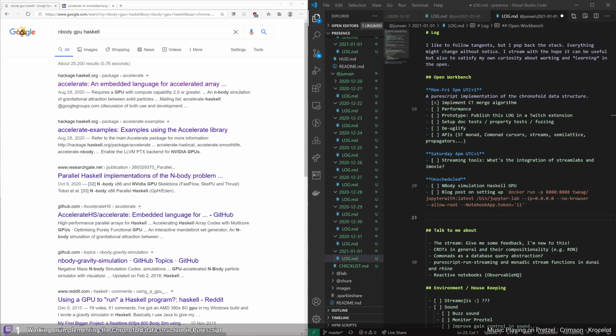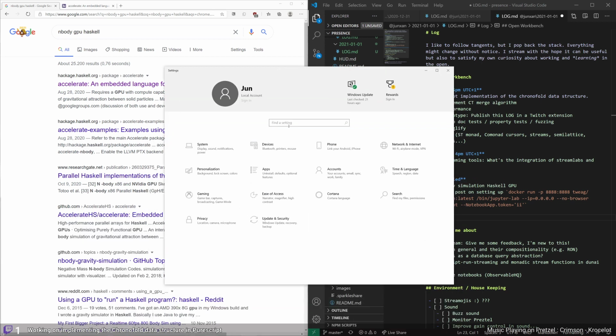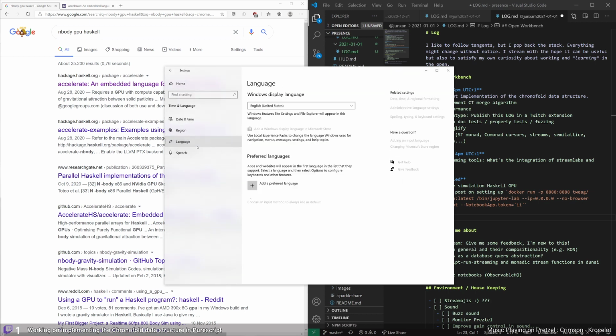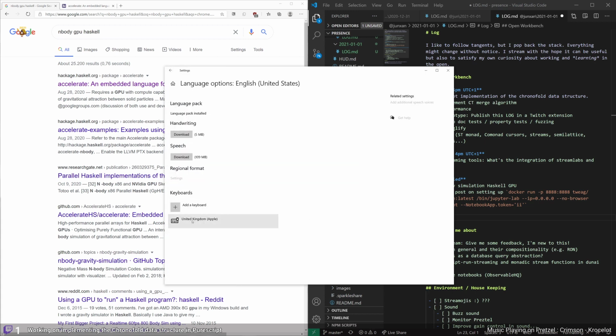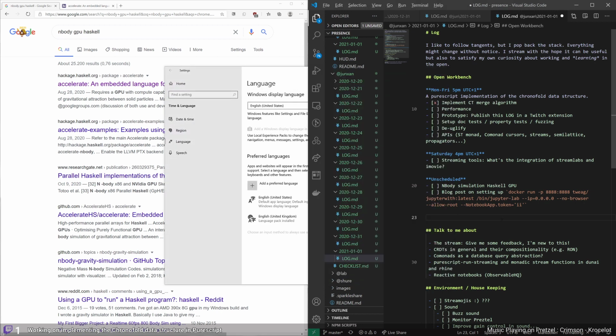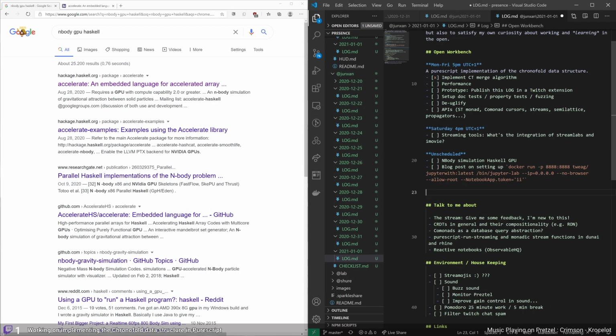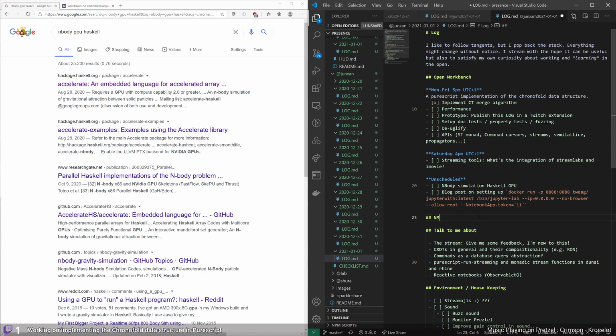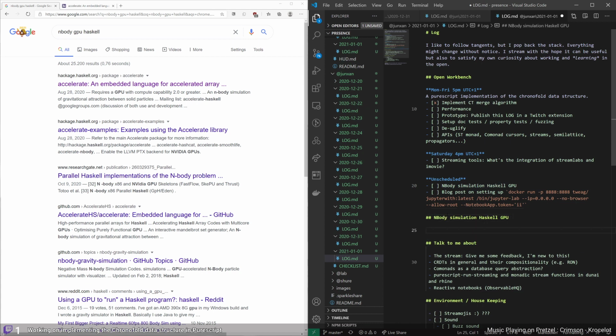I'm doing this off screen, but maybe I should do this on screen, so at least you see me struggling with this thing. It would be in the regional settings and language. I'm supposed to be using an Apple keyboard, but it should be United Kingdom. Hey, just kicking it seems to have done it. There's some weirdness going on there, but we are not going to spend more time on it. We're just going to proceed forward. Thank you, IT gods, for allowing me to proceed without wasting more time on this.